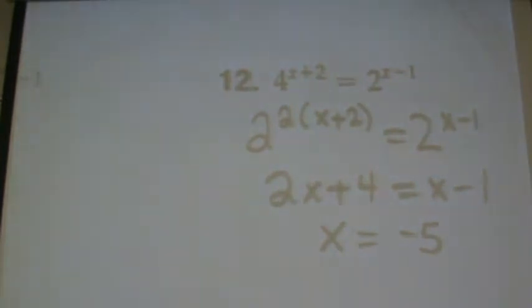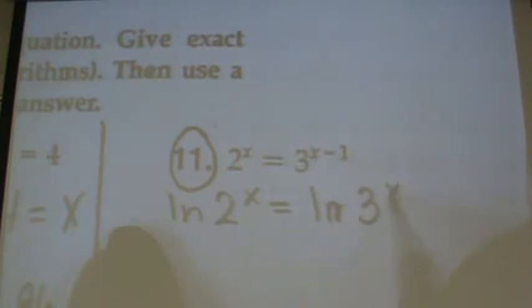Now the last 5 in this section, what you have to do, and you can skip some steps too, you're going to take the ln of both sides. So this is the long way to do it: ln 2 to the x power equals ln 3 to the x minus 1.